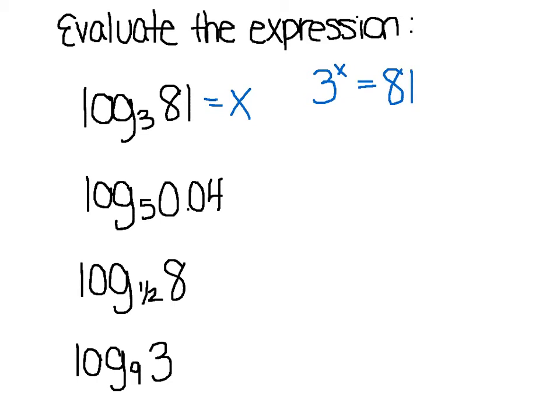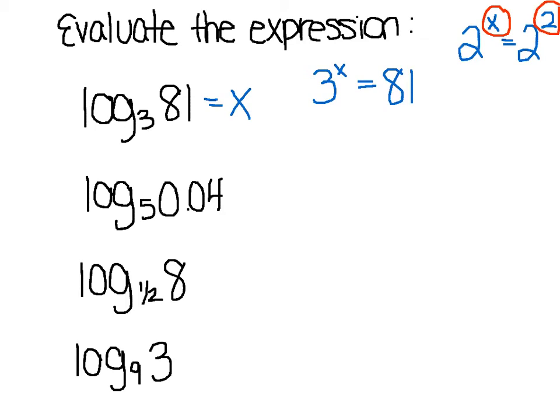Remember, equivalent exponential functions, if they have the same base, like 2 to the x equals 2 to the 2nd, the only way for these to be equal is if our exponents are equal. So if we were given this, we would know x equals 2.